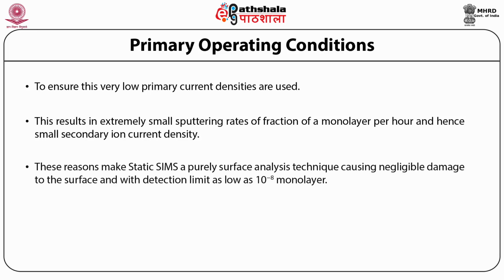These reasons make static SIMS a purely surface analysis technique causing negligible damage to the surface and with detection limit as low as 10 raised to the power minus 8 monolayer, which is extremely low, and one needs to appreciate that such low values can be detected.